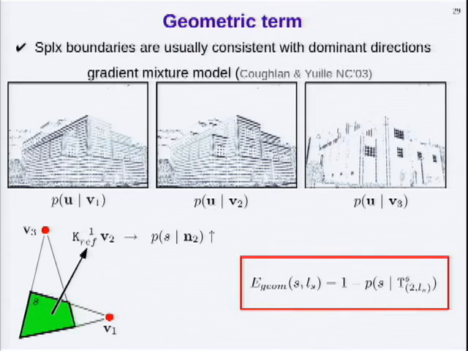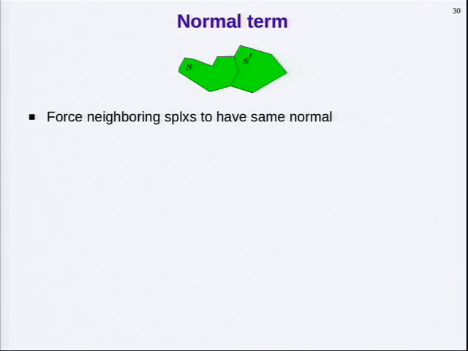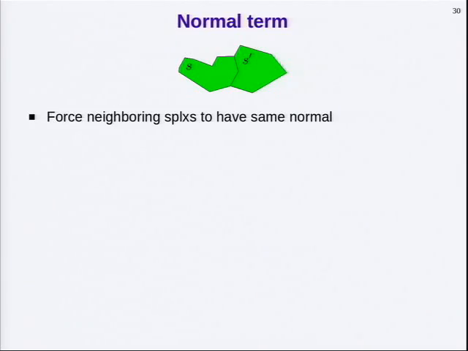This is possible only because we operate on superpixels, because, as I mentioned, they are usually aligned in such a way that the boundary respects the directions to vanishing points. The other two terms are responsible for smoothness, or regularization. If we have two superpixels in the image in a neighborhood, we won't force them to have the same normal.